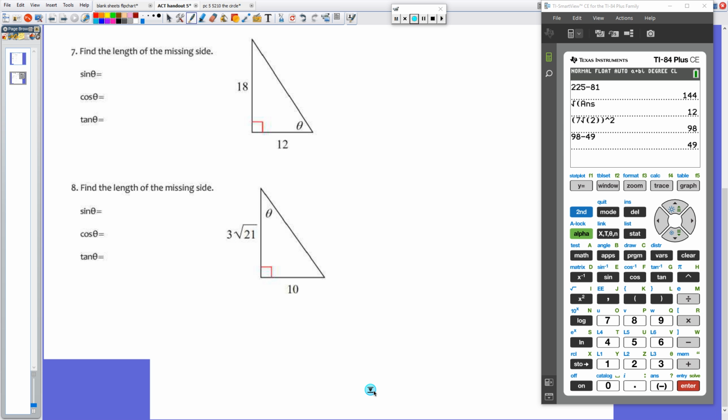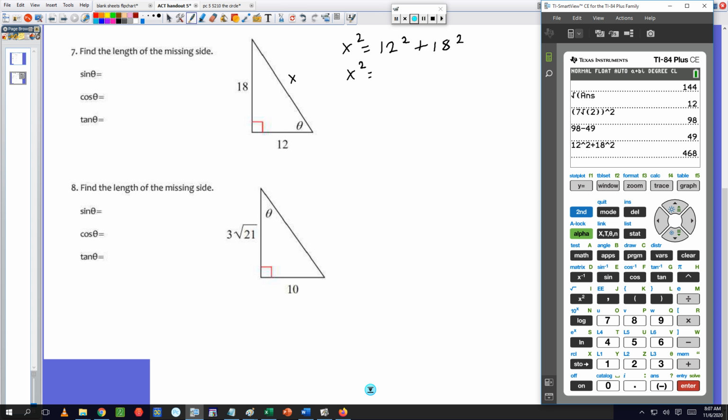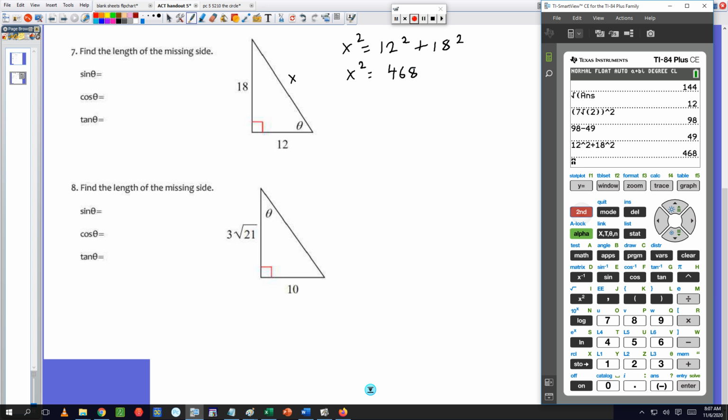We need to figure out our hypotenuse right here. I'm going to find 12 squared, and I'm going to add it to 18 squared. And then we'll take the square root of that. No, I am not going to do that.